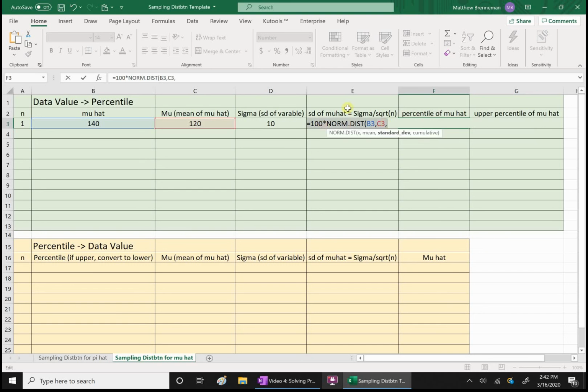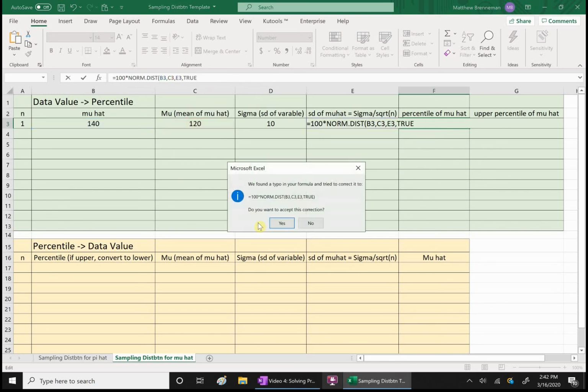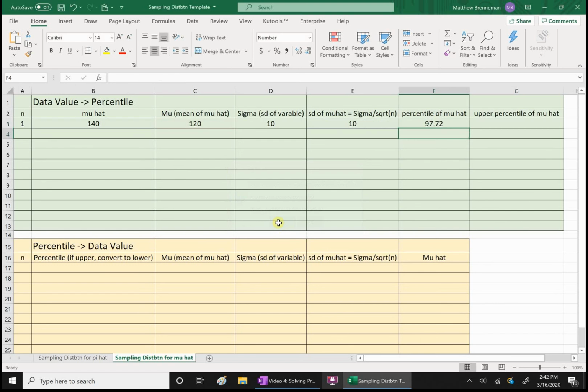I'm going to have to enter that, unfortunately, by hand. That's okay. And then true. Make sure. B3, C3, E3. Yeah. So that's going to be my percentile. And I know that's pretty close to being correct because just with the empirical rule, you could figure out that that's 97.75. So that looks good.